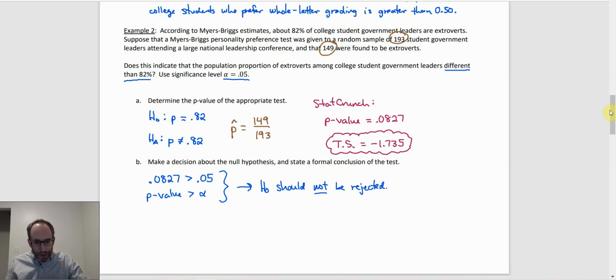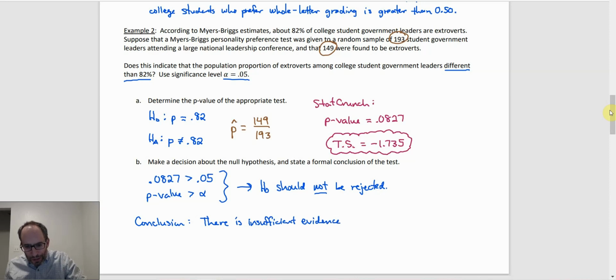Okay, and then as far as the conclusion goes, this time there is not enough evidence, or there's insufficient evidence. I guess I'll write it that way. Since I said sufficient last time, I'll say insufficient here. So there's not enough evidence or insufficient evidence to conclude what's in the alternative. So insufficient evidence to conclude that. And then the alternative is actually written out in words in the second paragraph.